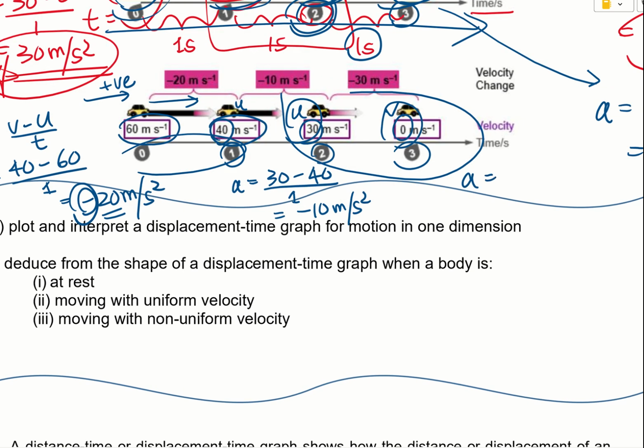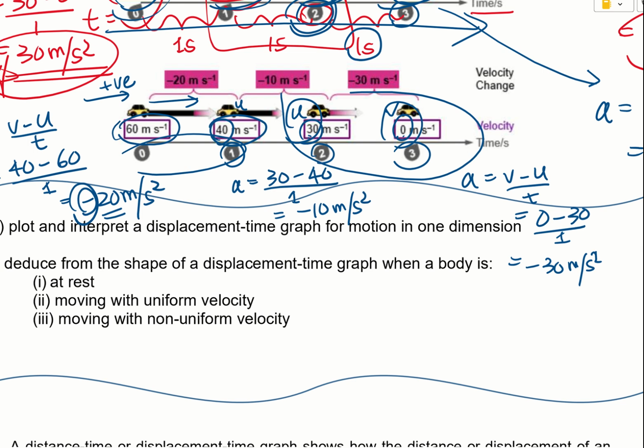So A equals V minus U over T. The V is 0 minus 30 over 1 equals negative 30 meter per second square. So you see, for this last part, it went from 30 to 0. It has actually the greatest deceleration, the greatest drop in speed, from 30 all the way to 0.